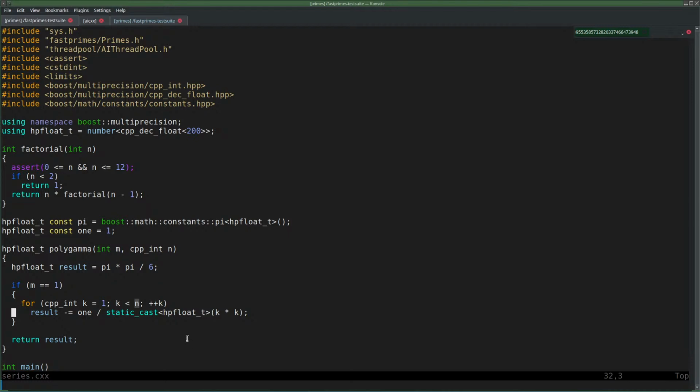What is wrong with the Netflix word? Result minus is 1 divided by static cost.